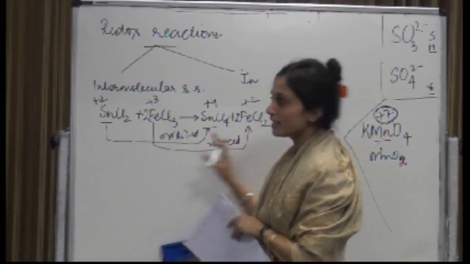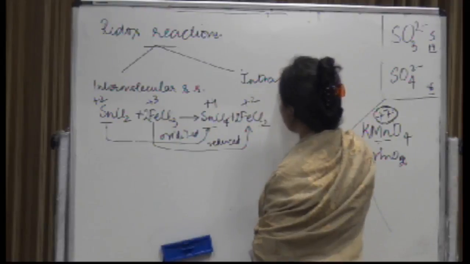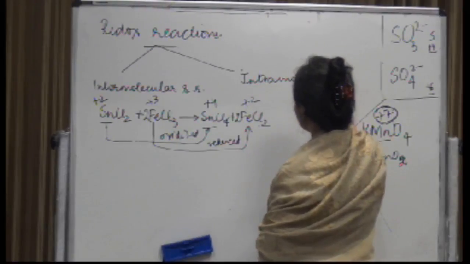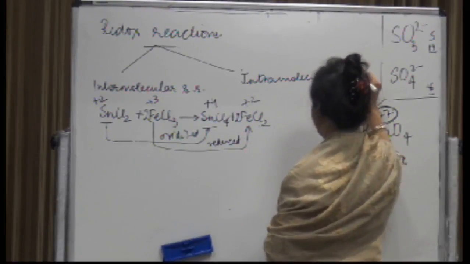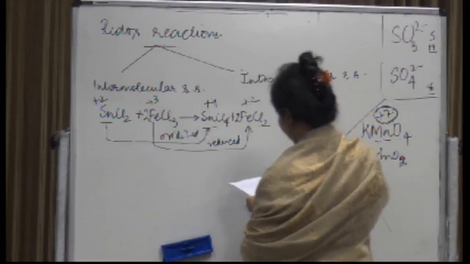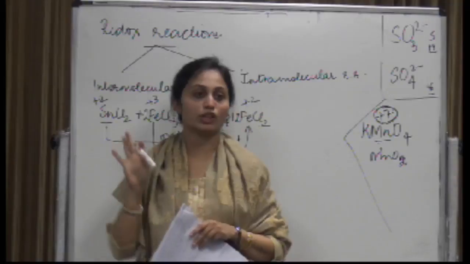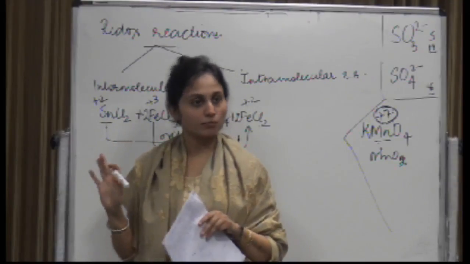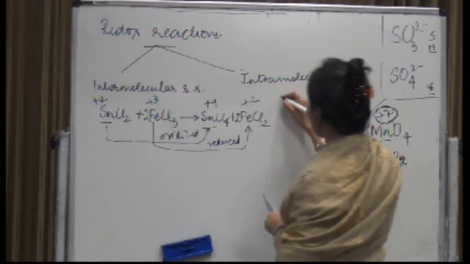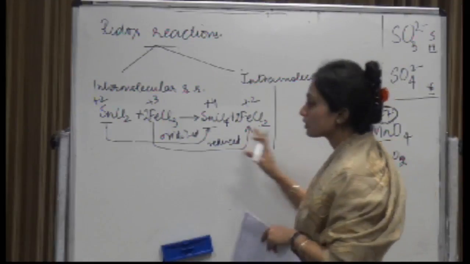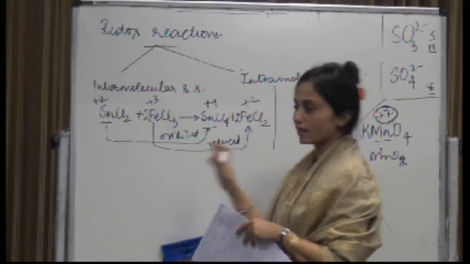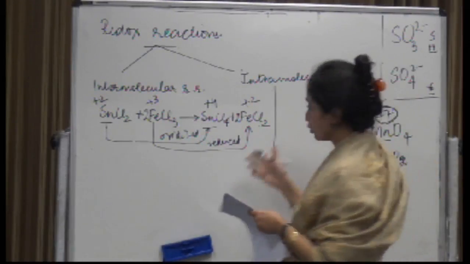No. Then we have intramolecular. Very good. So in this case, what happens in these, oxidation and reduction is taking place in a single molecule, not separately but in a single. Like for example, these are also different classes of reactions that I will talk about, and you've done it also.